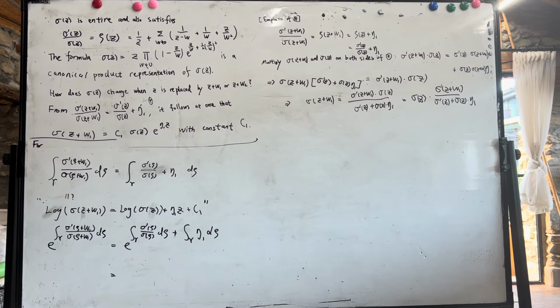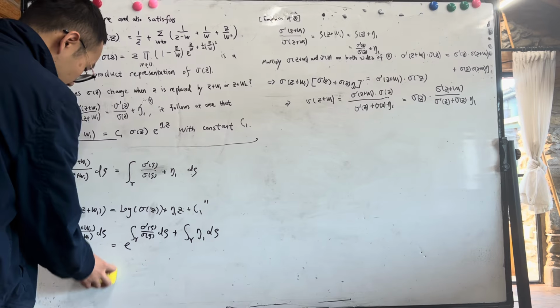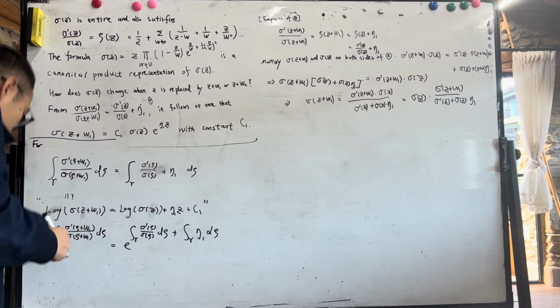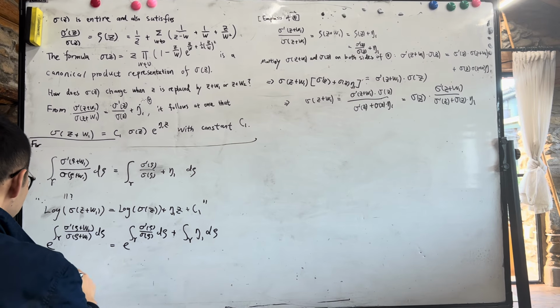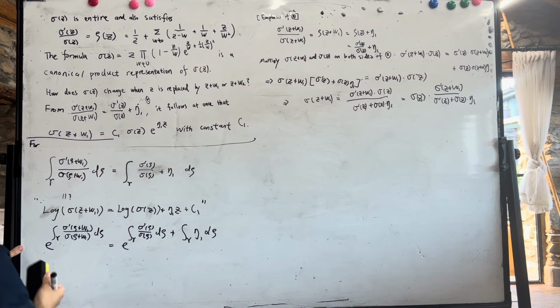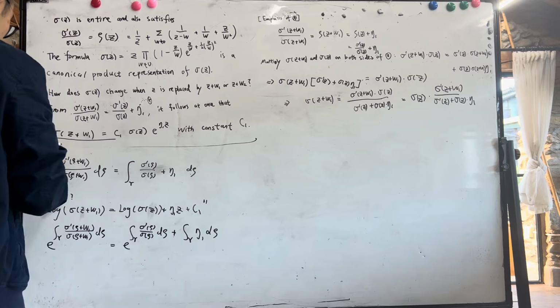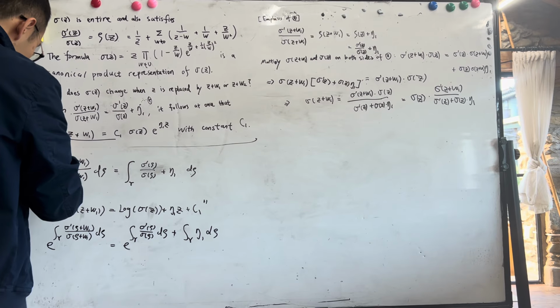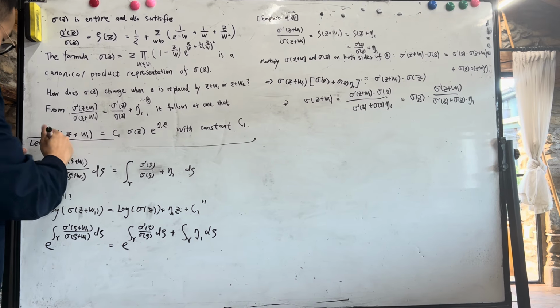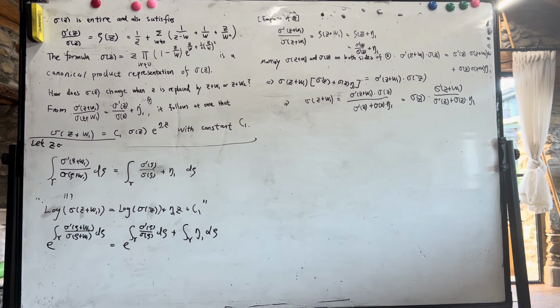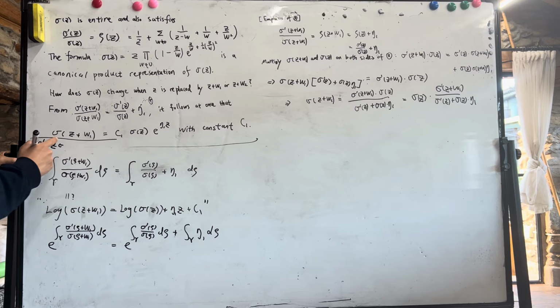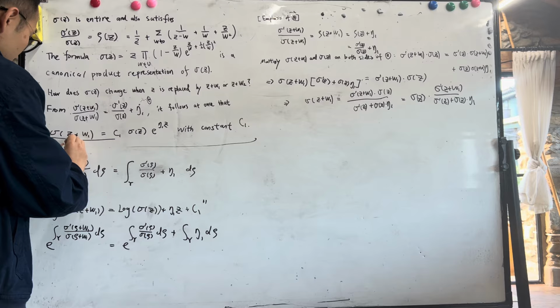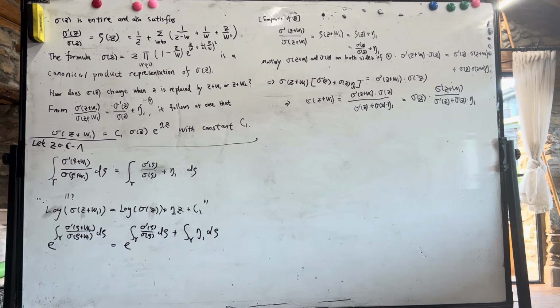So let z be any point in C minus the set of the lattice points containing 0.